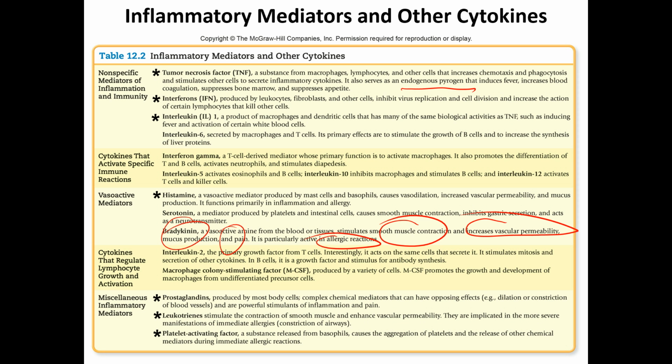It's a constriction of the airways through the contraction of your smooth muscle cells. And you also have platelet activating factor, which causes platelets to aggregate, basically to ward off and close off the site of injury or infection.